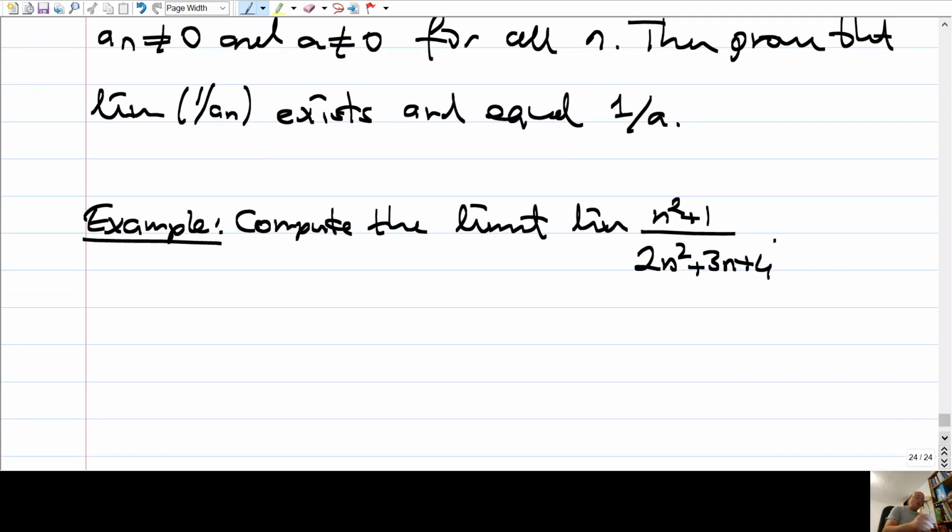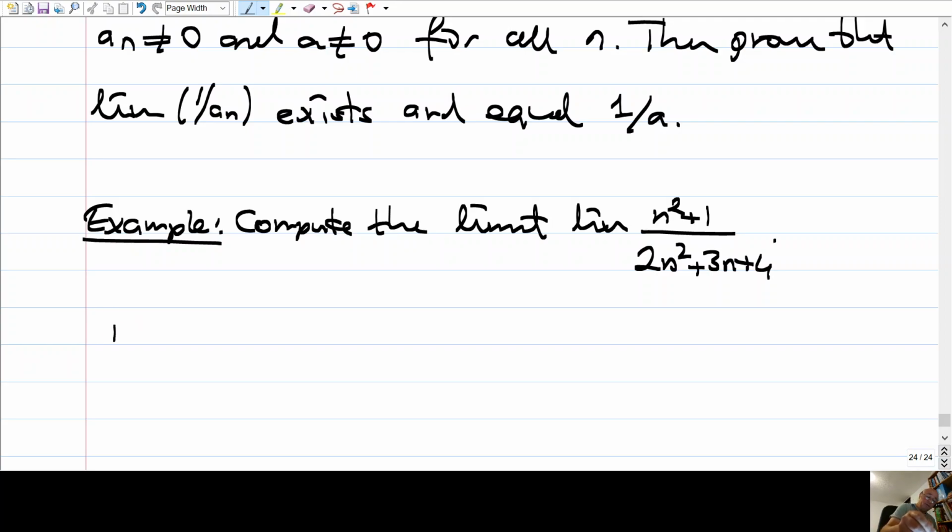Now, of course, you know how to compute this limit, right? It is just 1 over 2, but we have to do it so that we can use all the facts we proved, so that we will have a proof that the limit is equal to 1 over 2. How can we do this?